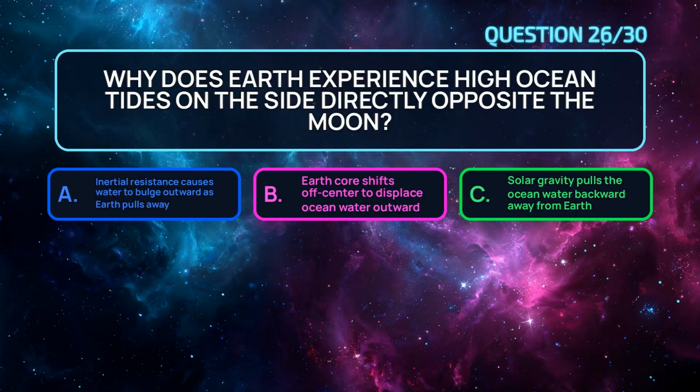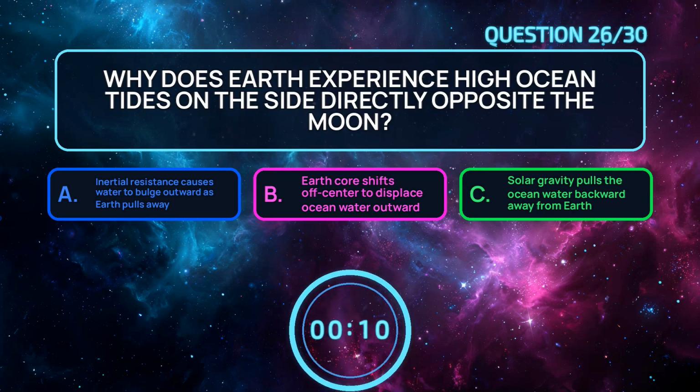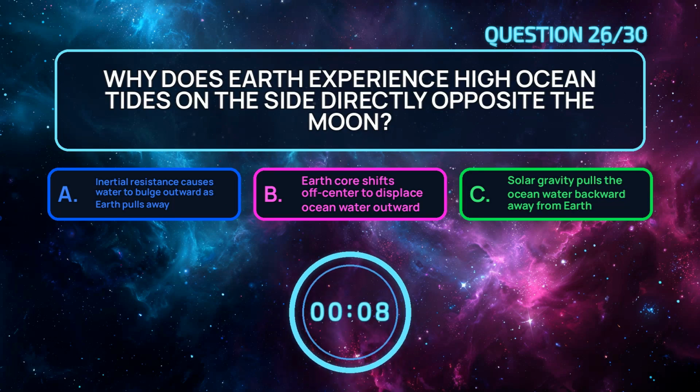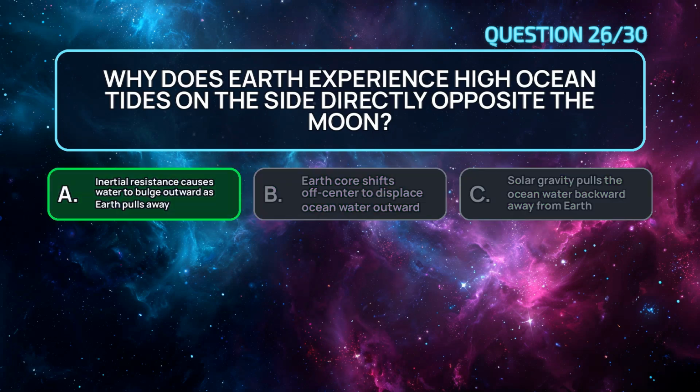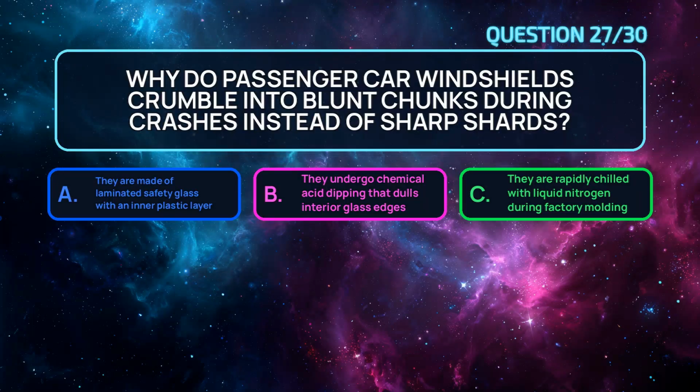Why does Earth experience high ocean tides on the side directly opposite the Moon? Correct answer. Inertial resistance.